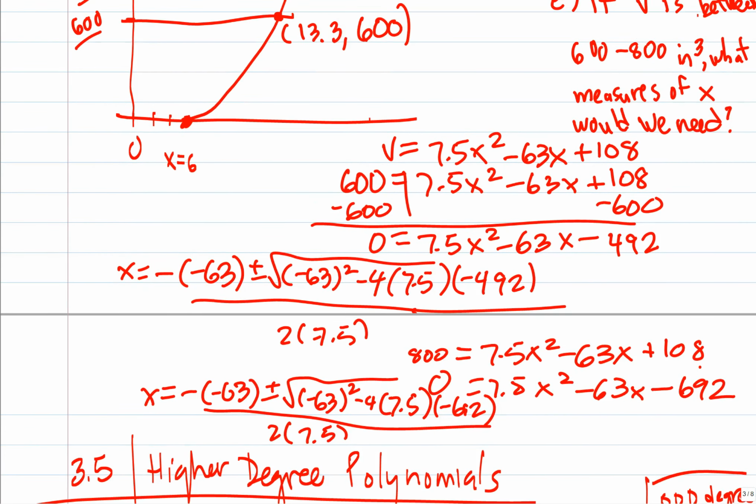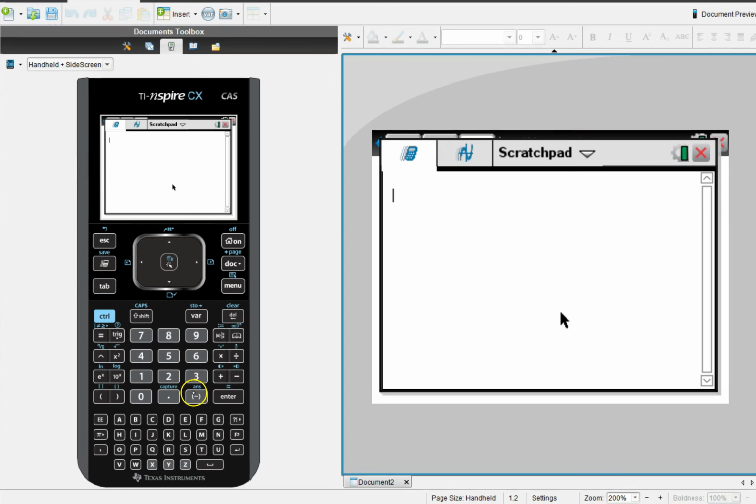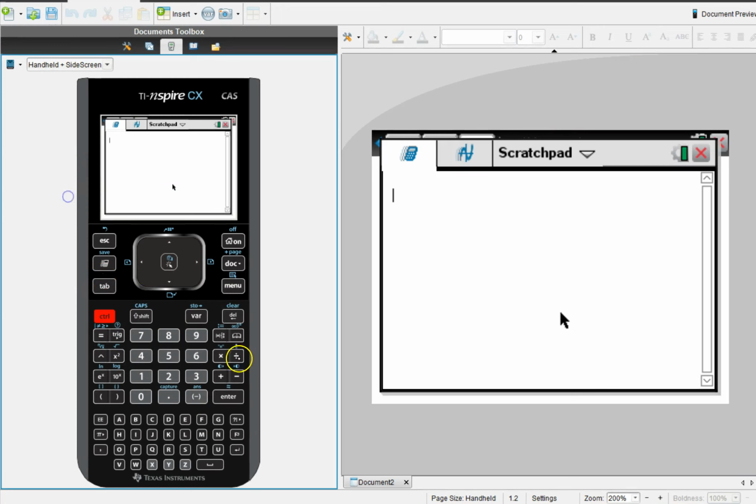So negative 63. Let's go back to the algebra here. We said x is equal to, I'm going to set up the equation here. So negative 63. I'm not skipping any steps. So we have plus or minus, so I'm going to do the plus first. The square root of, and b being negative, so that would be negative 63 squared, but you have to make sure you keep the parentheses in the right spot.